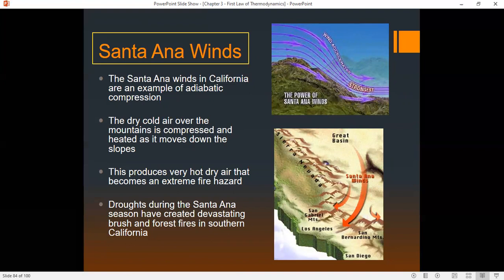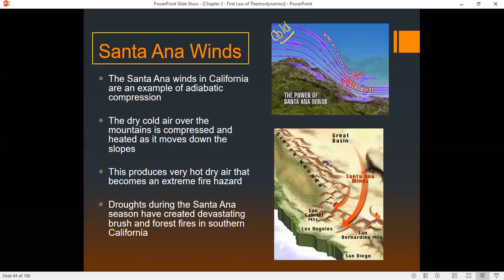So what happens here is you have on the mountaintops this colder, drier air. Obviously, the fact that it's cold means that it can't carry as much moisture with it. And this cold, dry air will now flow down the mountainside. And as it does so, it compresses.